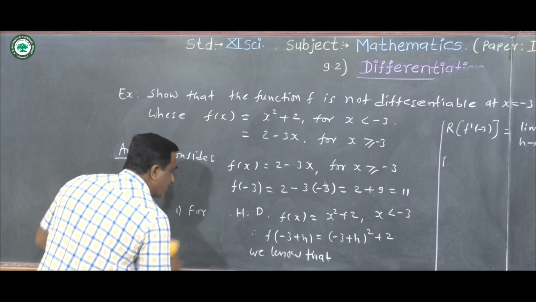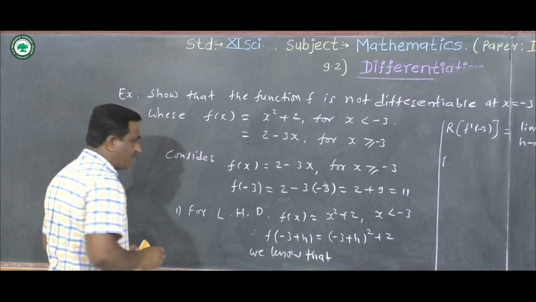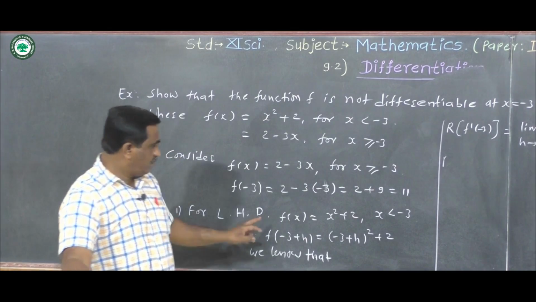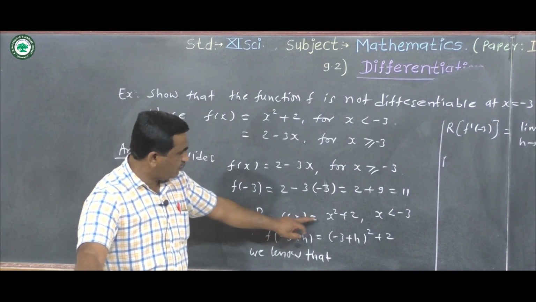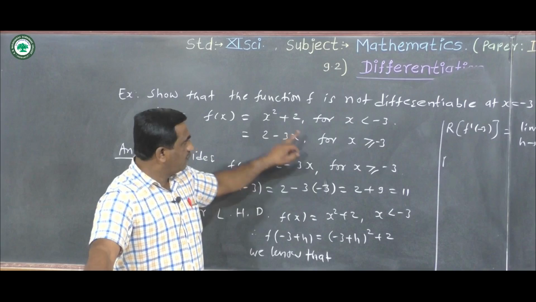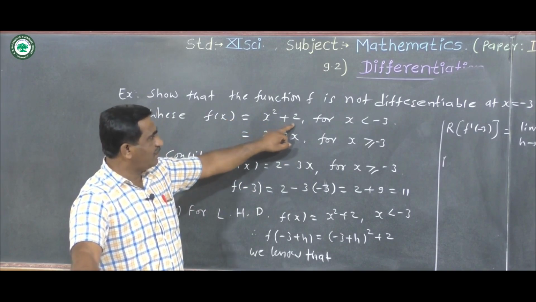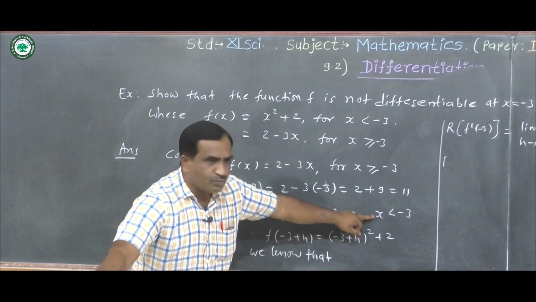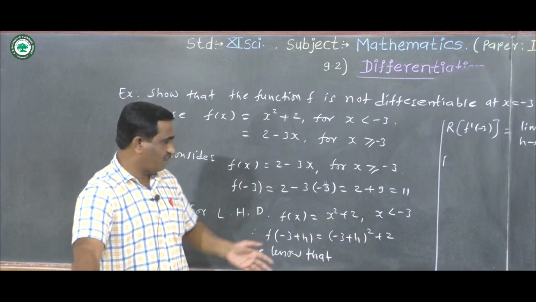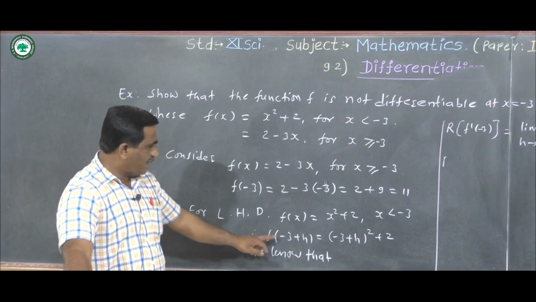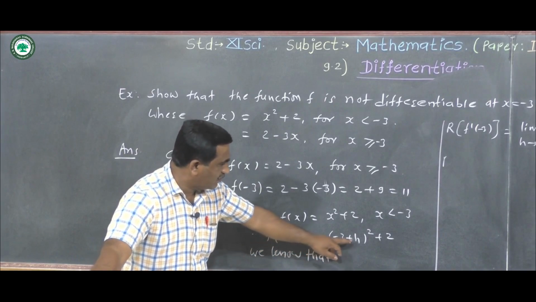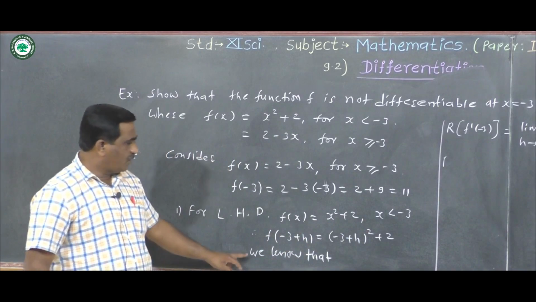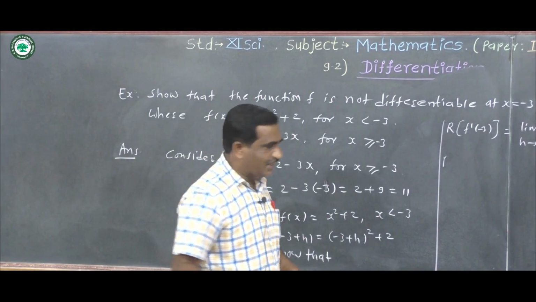Now we consider here the left hand derivative. For the left hand derivative, f(x) equal to x² + 2, for x less than -3, that is x tends to from smaller value to bigger value. Then we get here f(-3 + h) equal to (-3 + h)² + 2. We know the formula for the left hand derivative.